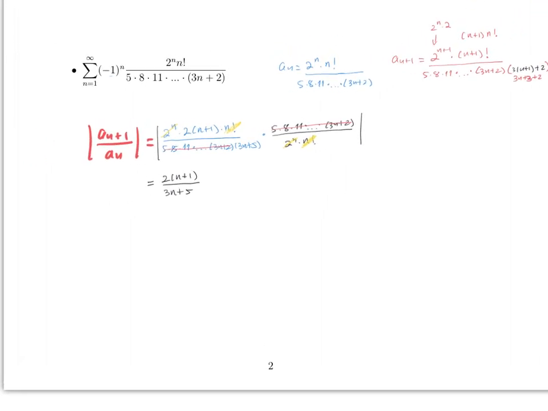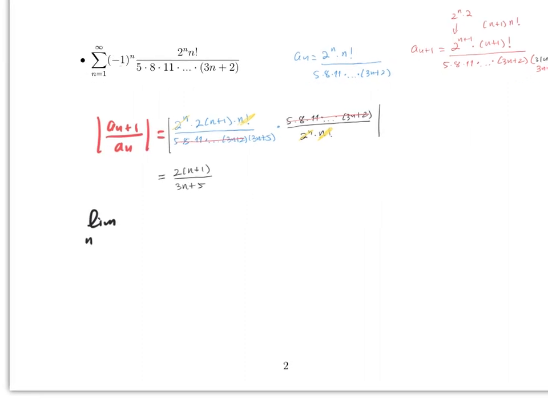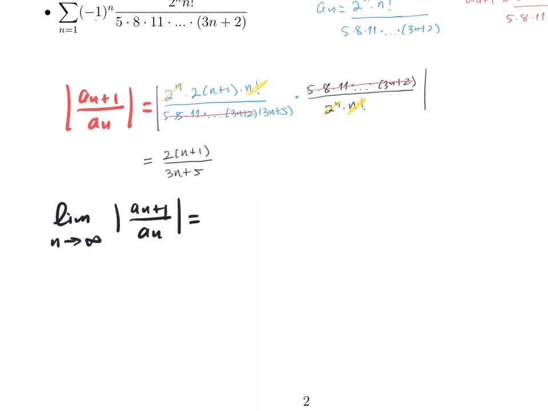So therefore, you apply the limit. So the limit as n goes to infinity of the ratio is just equal to the limit as n goes to infinity of (2n plus 2) over (3n plus 5). Now, again, notice the degree of this one is 1, the degree of this one is 1.